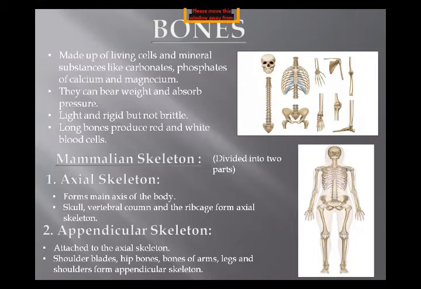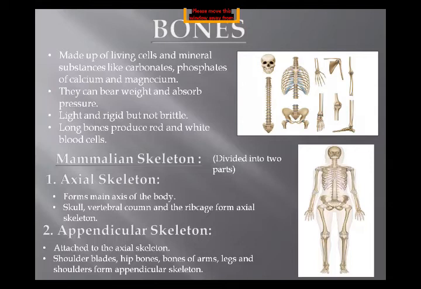Now the next topic is the mammalian skeleton. We shared the exoskeleton, the endoskeleton, the hydrostatic skeleton. In the endoskeleton, we learned that endoskeleton is living, it is made up of bones, and in mammals, or we can say in vertebrates, the endoskeleton is found. Now here we are going to learn the mammalian skeleton.